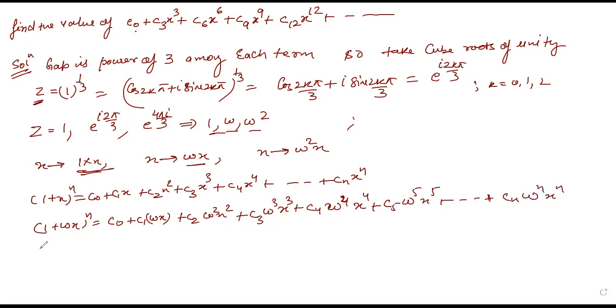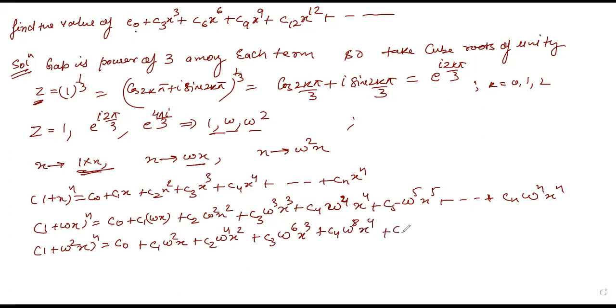Next, 1 plus omega square x raised to the power n will become c naught, c1 omega square x, c2 omega raised to the power 4 x square, c3 omega raised to the power 6 x cube, c4 omega raised to the power 8 x raised to the power 4, c5 omega raised to the power 10 x raised to the power 5, up to cn omega raised to the power 2n x raised to the power n.